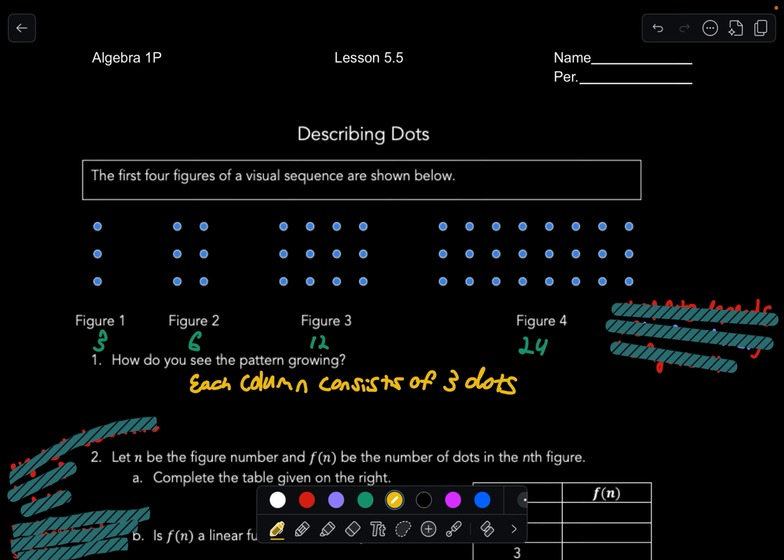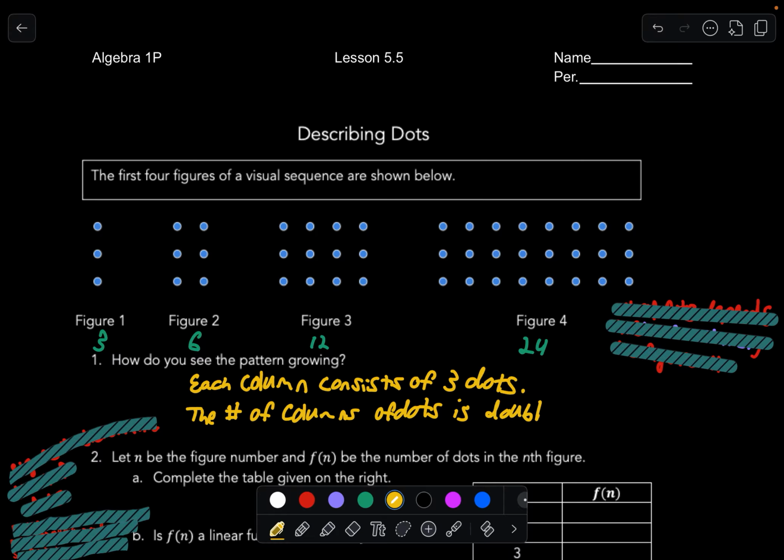The number of columns of dots is doubling, right?